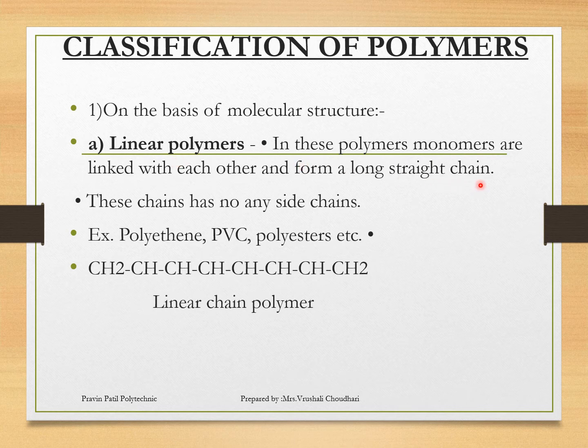Examples: polythene, PVC, polyester, etc. Here we can observe the linear chain. All monomers are arranged one after another in one linear form, that is called a linear chain structure or the linear polymer.